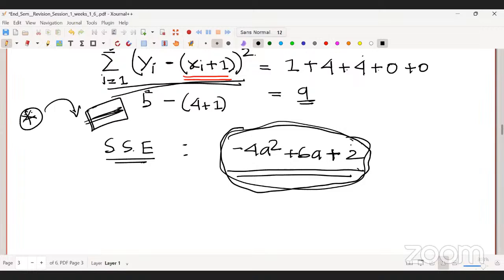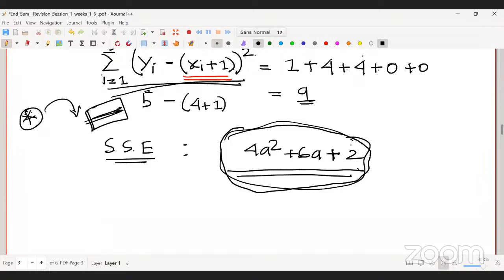Yes, sir. But sir, we are having a negative coefficient, so this parabola will give us the max values. Isn't it? Okay, sorry. It's my bad. Yes, sir. Now we can find the vertex and at the vertex. Yes. So now you have to find a value of a which will give you the minimum value for this parabola.